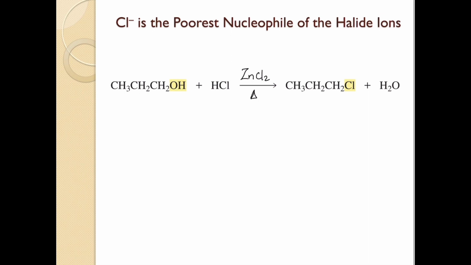In the first step, the alcohol is actually going to react with zinc chloride. So the lone pairs of electrons on oxygen are going to attack zinc, and one of the Cls is going to leave. Okay, thereby it's going to get converted into a good leaving group.